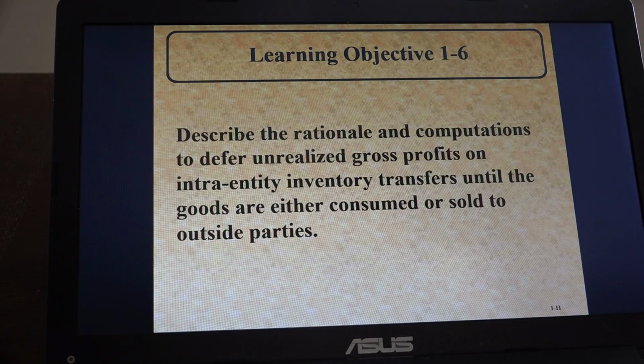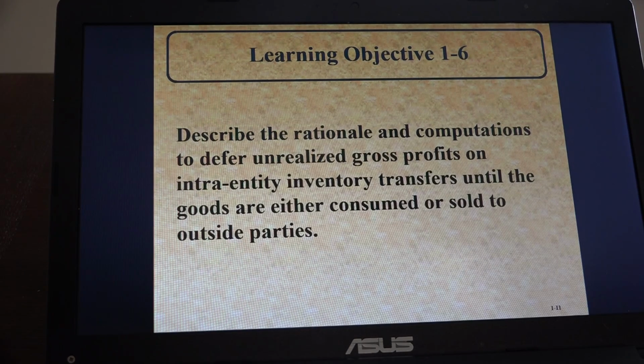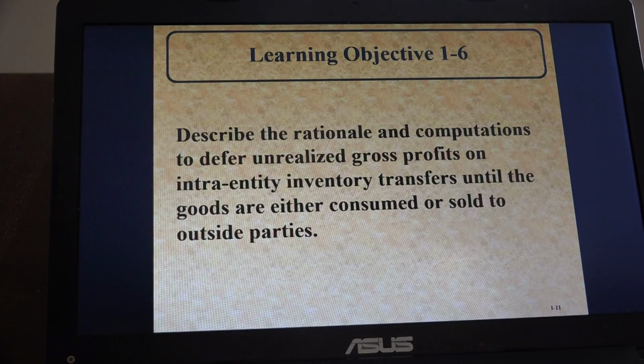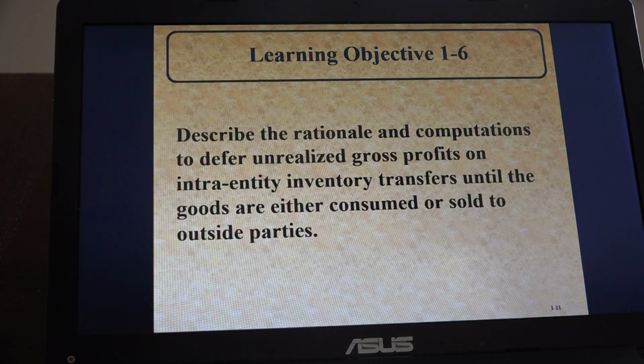All right, one more thing I want to look at is the deferral of unrealized profits in inventory. Many times these investments are made for strategic reasons other than just making money.